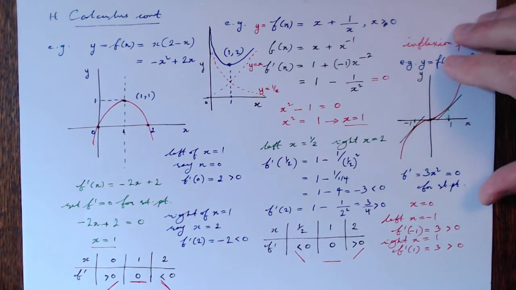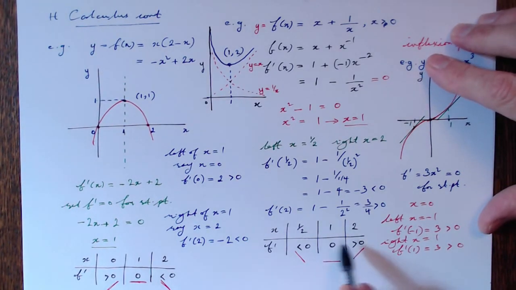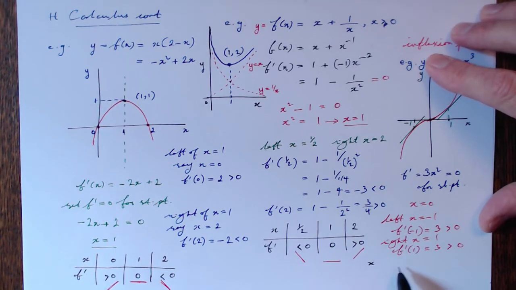So this is a case then where if we were to draw one of these little tables, we have x going from negative 1, 0 to 1, and we have f prime.